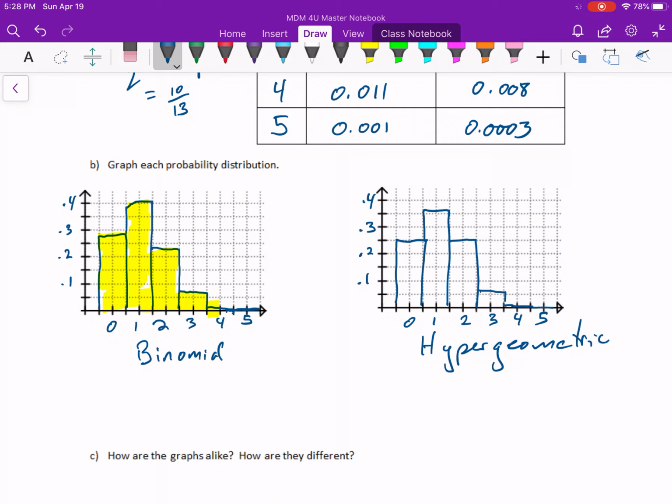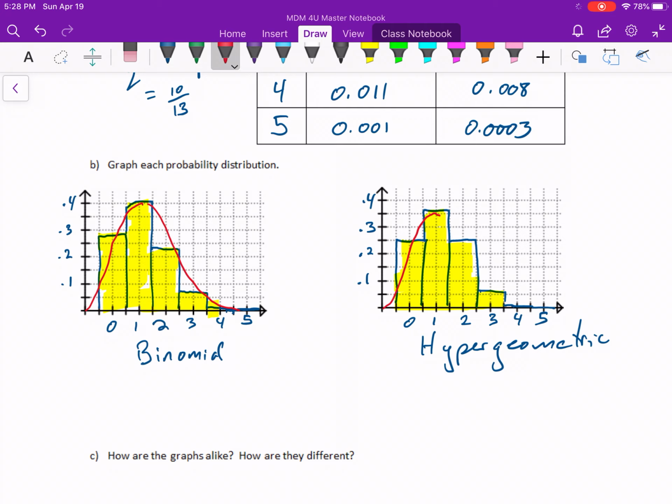And again, the last two bars, very low. Quick coloring in. There we go. The two probability distributions really similar. They both have that right skewed shape to them.